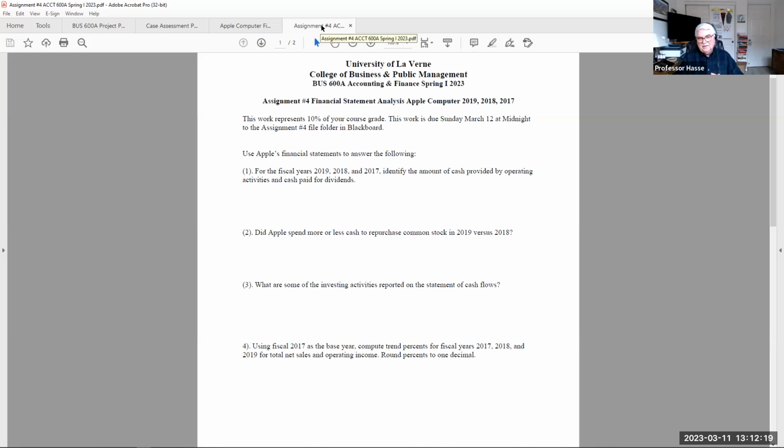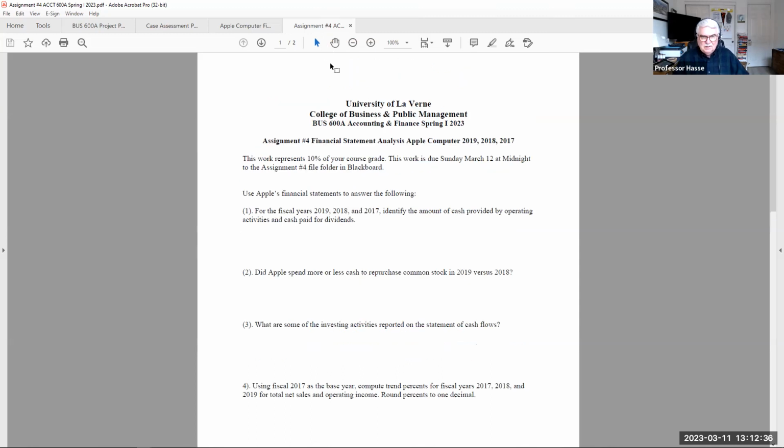I'm going to walk through that in just a minute. So this will probably help you with your project paper due next week. But I want a variety of sources of information, to go and do a little research and find information about Apple Computer.